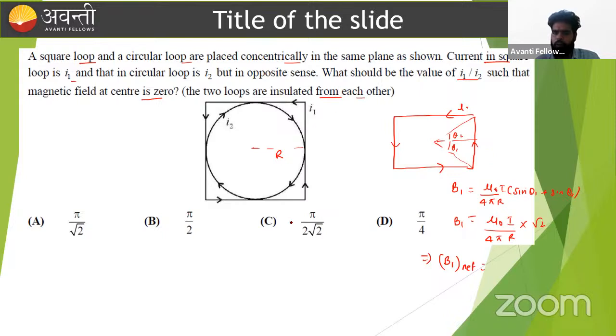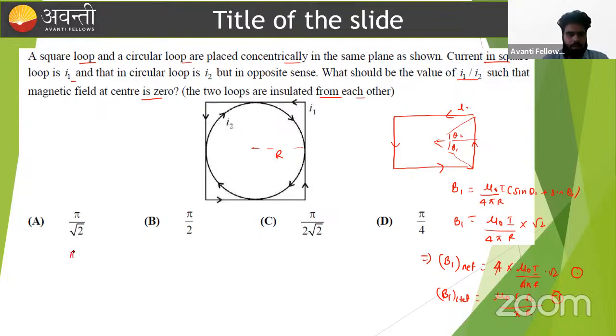So for all 4 wires, we multiply by 4 here, and the result is mu naught I upon 4 pi r into root 2, with the direction outward to the plane of paper, which we show with a dot. So B1 net: the 4 cancels out, and we get mu naught I root 2 upon pi r. Say this is equation number 1.